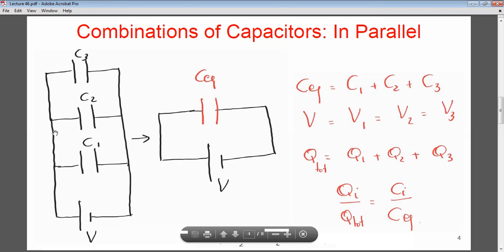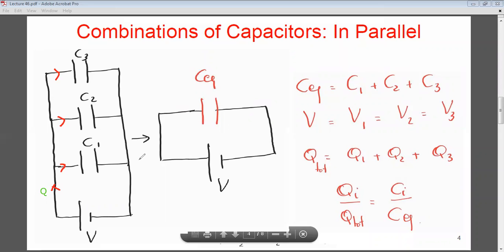The voltage across each capacitor will be exactly the voltage across the battery because these are in parallel. And the Q across the total circuit will be equal to Q1, which is across C1, plus Q2 plus Q3. Okay, so Q total is Q1 plus Q2 plus Q3.